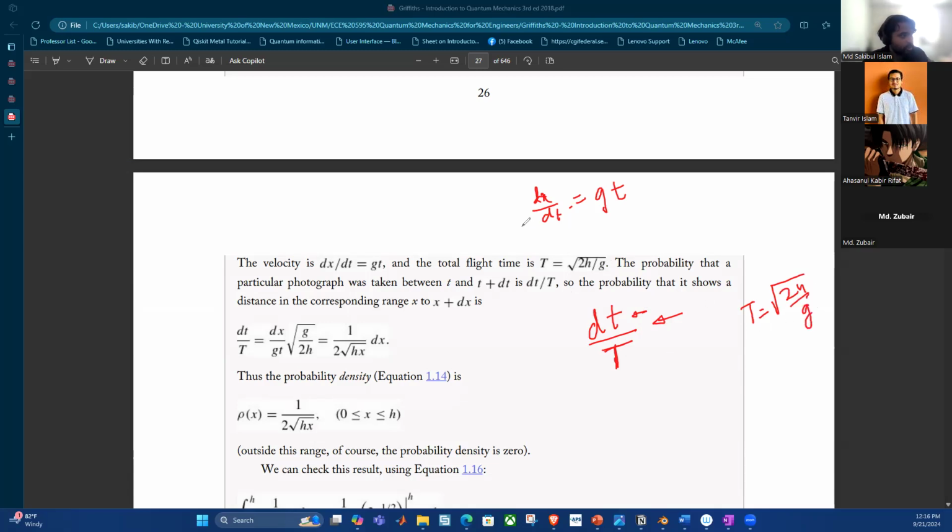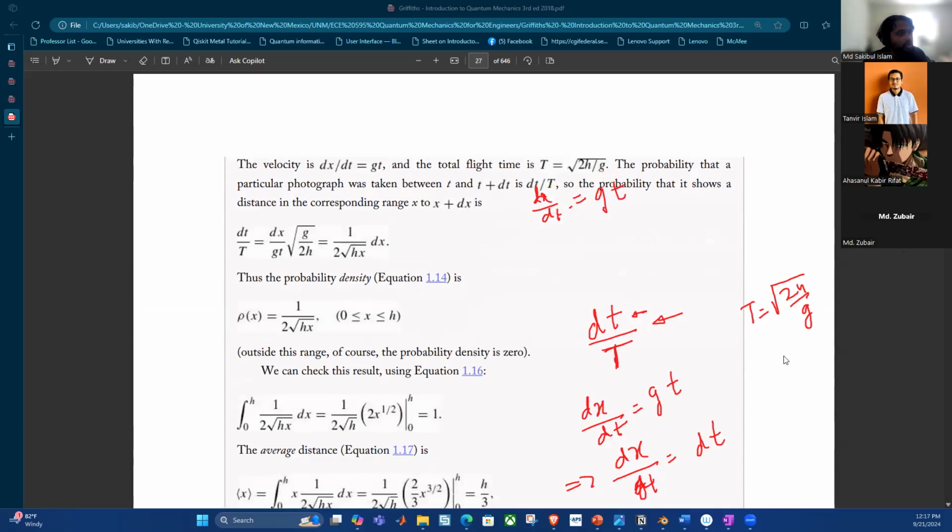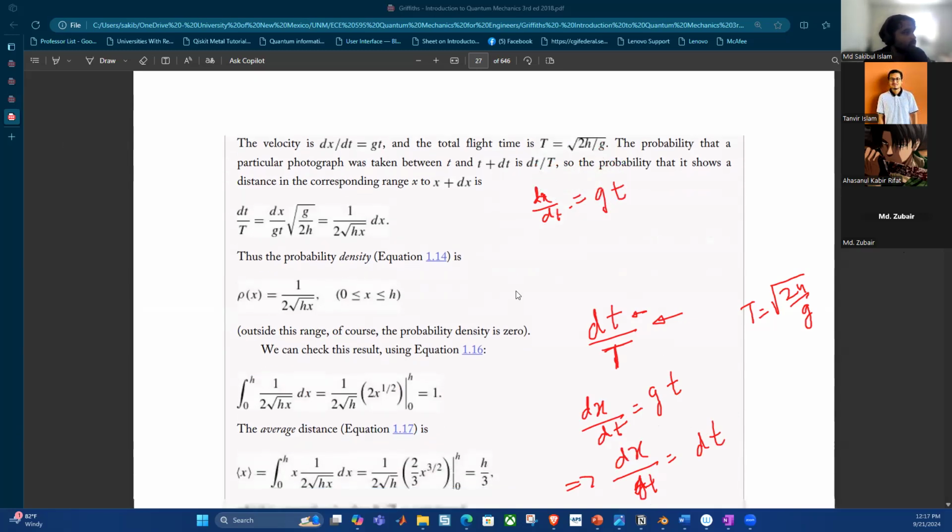So I know dx over dt equals gt. I'm taking the g t to the bottom: dx over gt equals dt.